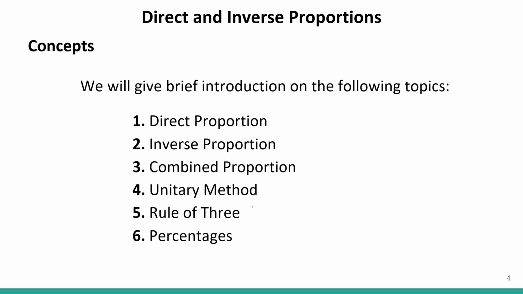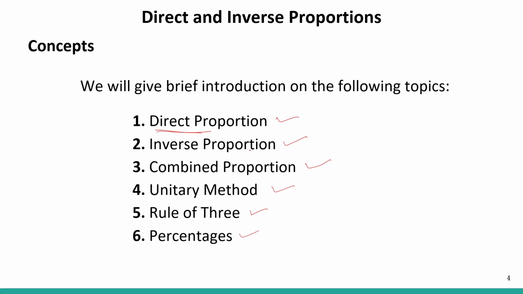Okay, so we'll be seeing six topics inside direct and inverse proportions: direct proportion, inverse proportion, combined proportion, unitary method, rule of 3, and percentage. We will see what direct proportion is and how it connects two variables.